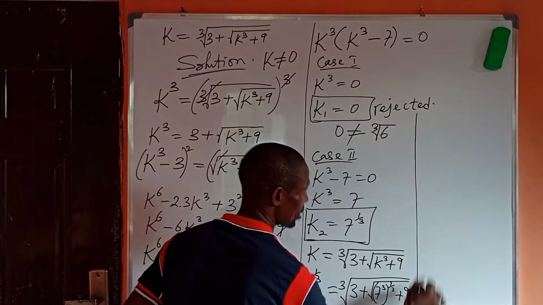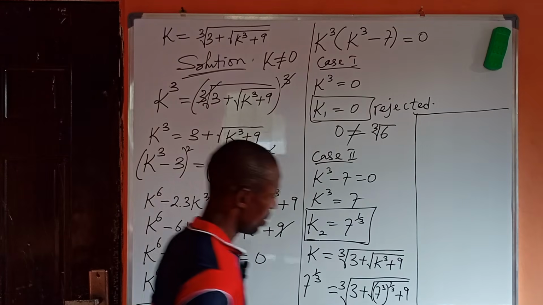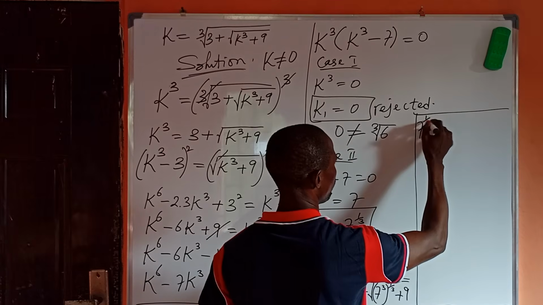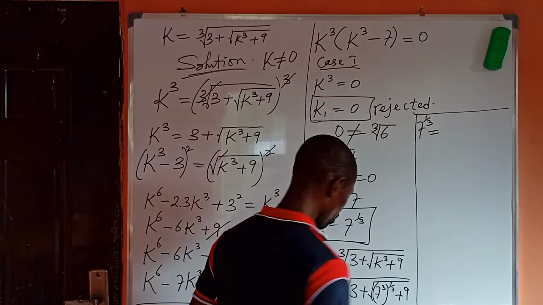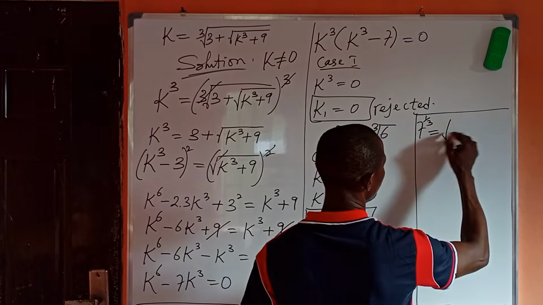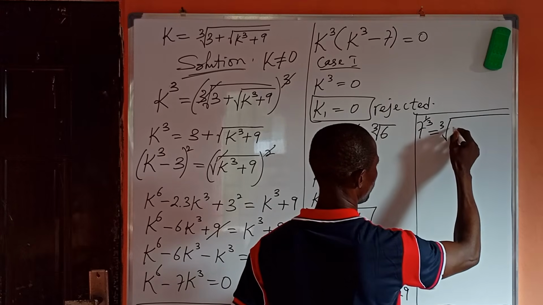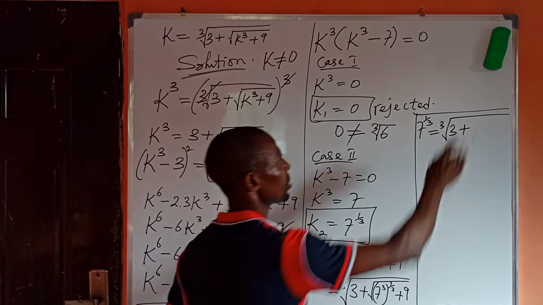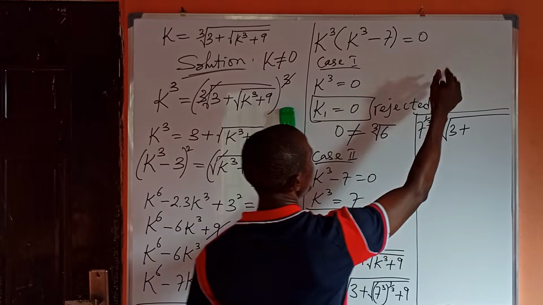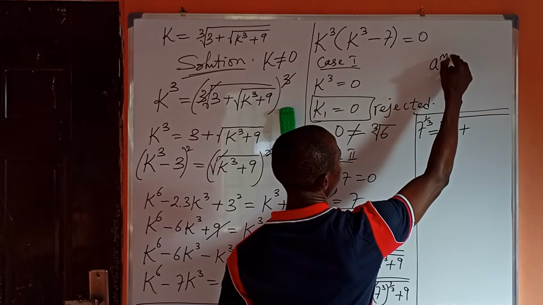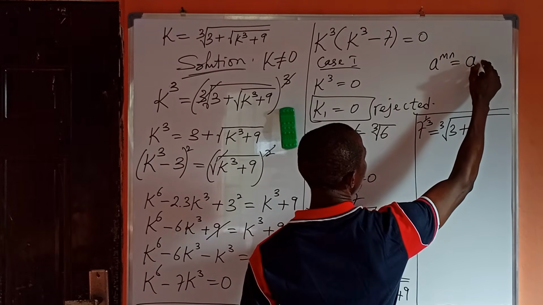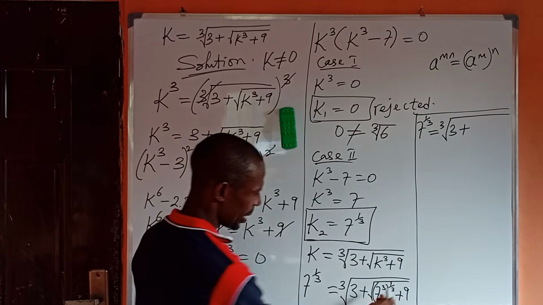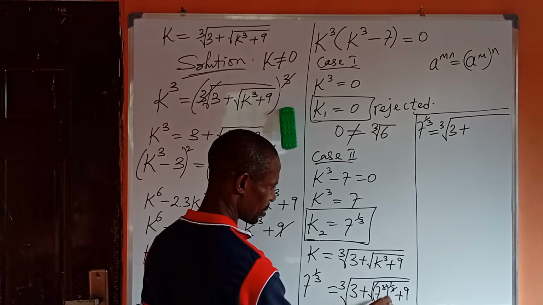Okay, so let's continue here. We still have 7 raised to the power of 1 over 3 on this side, equal to the cube root. Here we have 3 plus, and if we apply the law of indices, which says that a raised to the power of m times n is equal to a raised to the power of m, raised to the power of n, then this 3 here will cancel this 3 here.